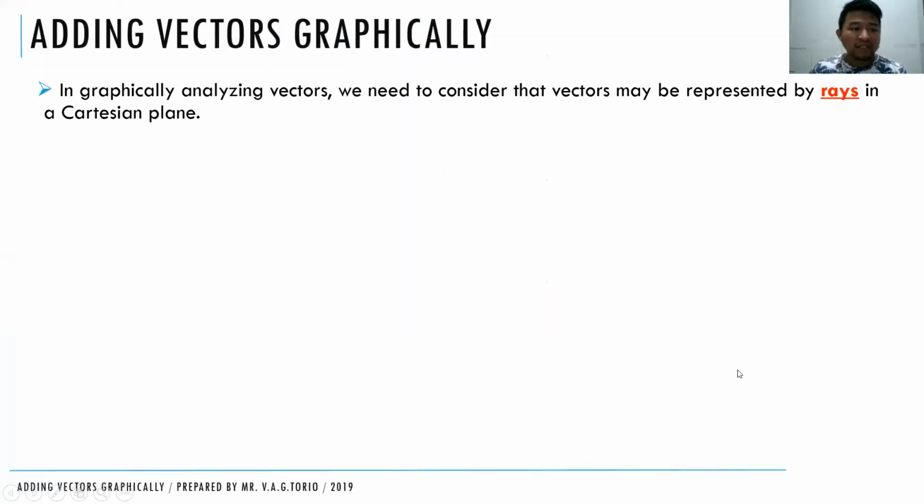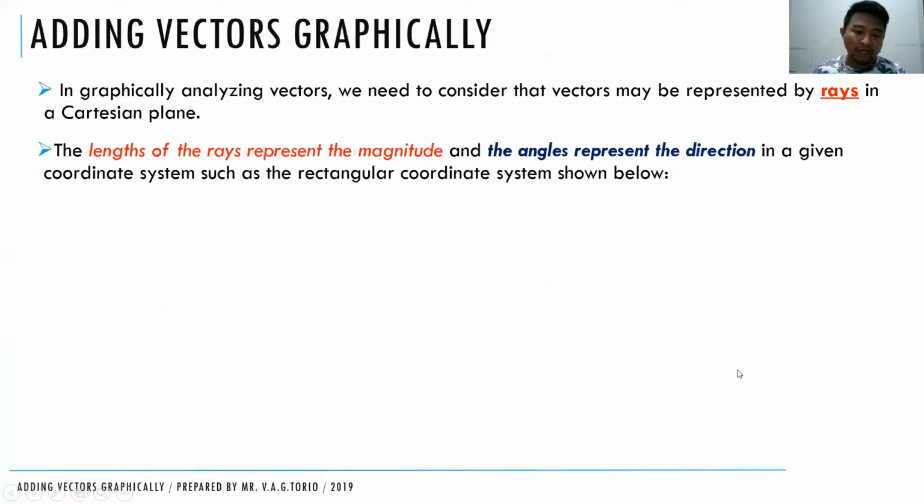In this particular presentation, you will be learning about adding vectors graphically. And for us to be able to add vectors, we need to consider that it could be represented as rays in a Cartesian plane. So ideally, you should be able to draw a Cartesian plane.